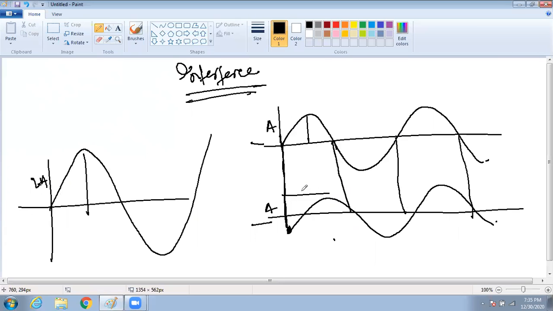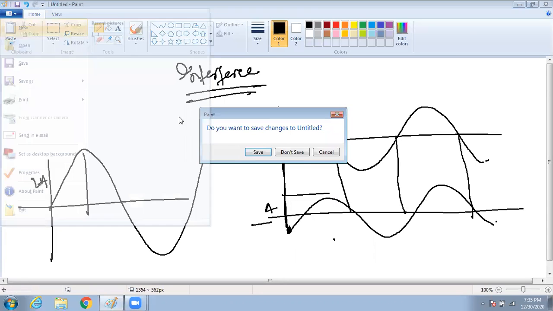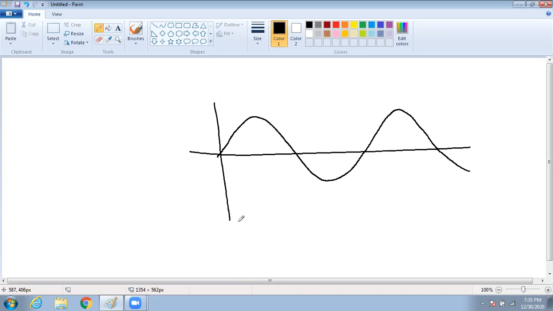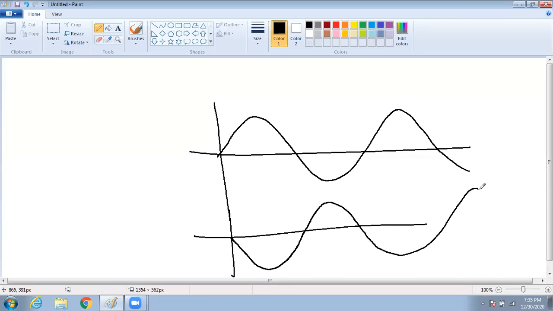There's no lagging. But it might happen that you have two waves like this. You can have it like this. In this type of wave, if this is A and this is minus A, what will you get?